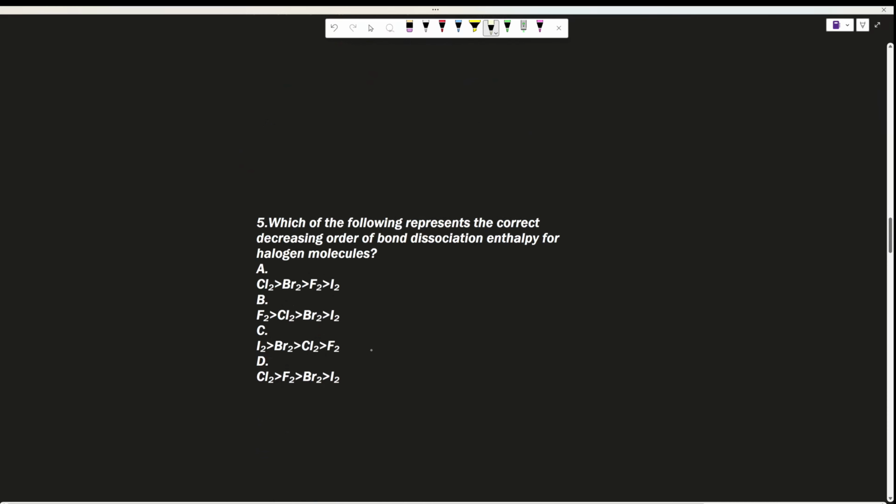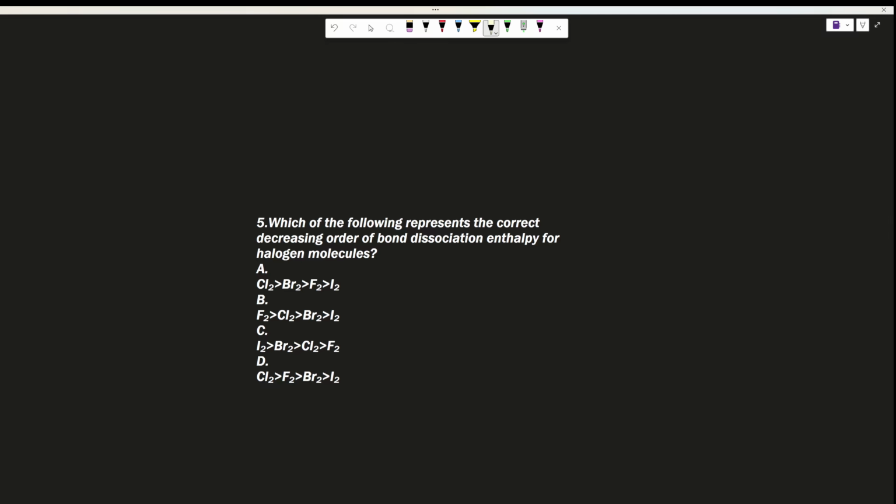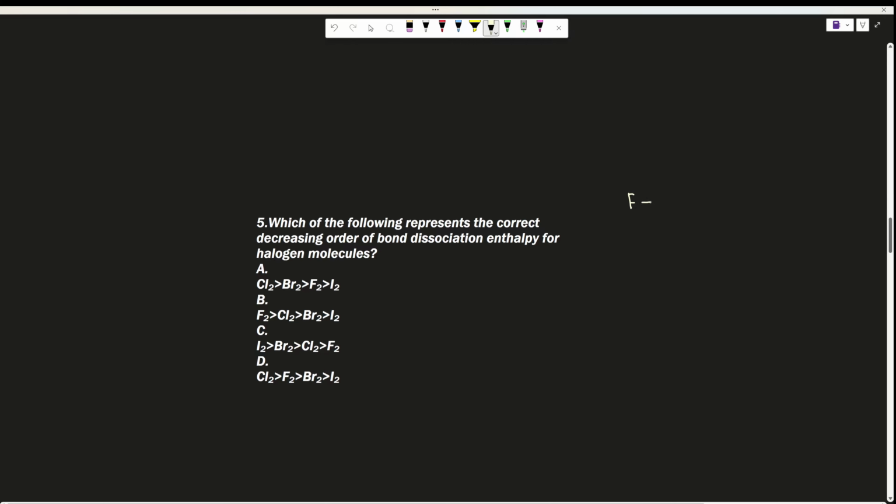Next, which of the following represents the correct decreasing order of bond dissociation enthalpy of halogen molecules? So if you consider the bond dissociation enthalpy, that means you consider the fluorine-fluorine bond, the chlorine-chlorine bond, then bromine-bromine, and iodine-iodine.